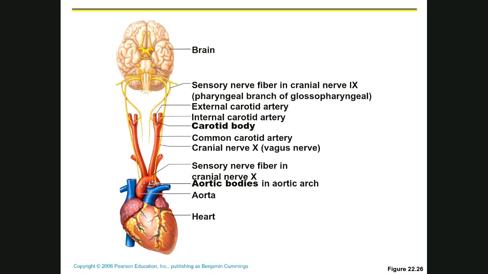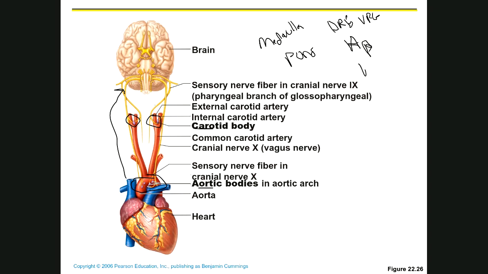Here's where those receptors are, right here. They're in the aorta, and right here, they're in the carotids. And they're going to send that information up. And remember, it's going to go to the medulla. In the medulla, we have those two centers. Remember, they are the DRG and the VRG. And it's also going to go to the pons. And we have those two centers. Remember, we have the apneustic center and the pneumotaxic center.